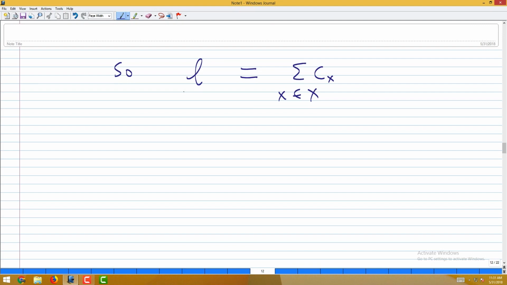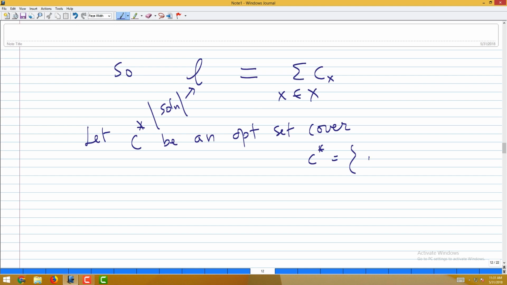So, this is the solution produced, and the cost of the solution is equal to summation C x. Okay. So, let C star be an optimum set cover. C star is a family of sets. So, C star will look like this set followed by this set and this set.